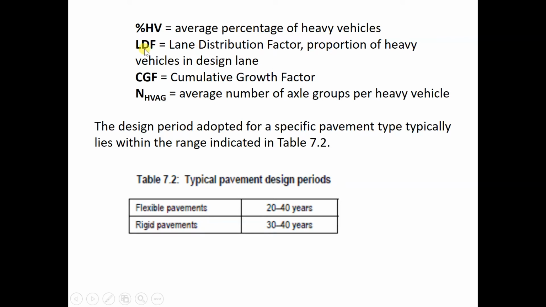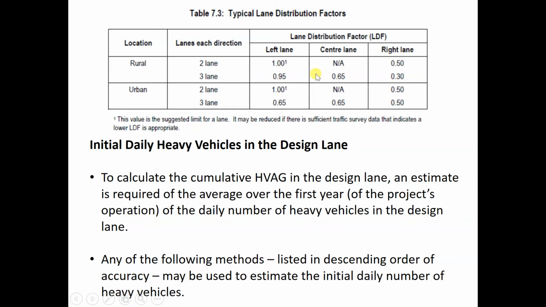Lane distribution factor. Distribution factor, proportion of heavy vehicles in design lane. So what is the proportion of heavy vehicles in design lanes? So for example, for 3 lanes, this lane is the design lane. The distribution factor, so these are how they distribute.